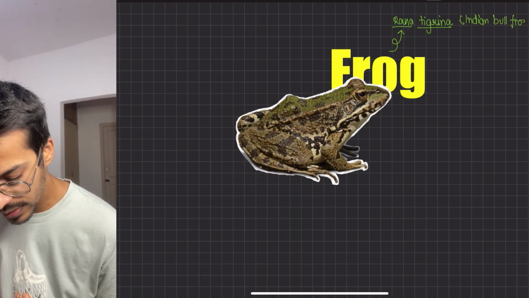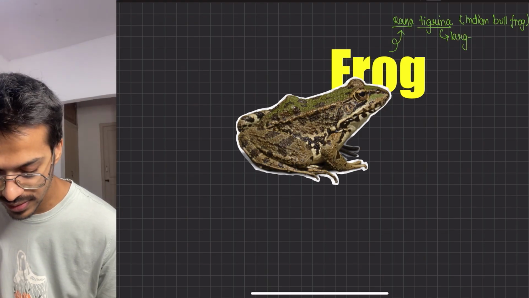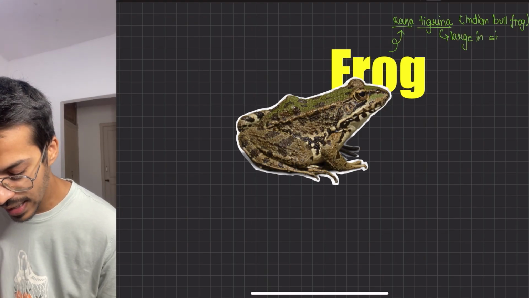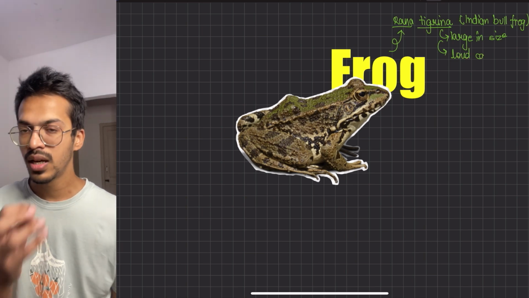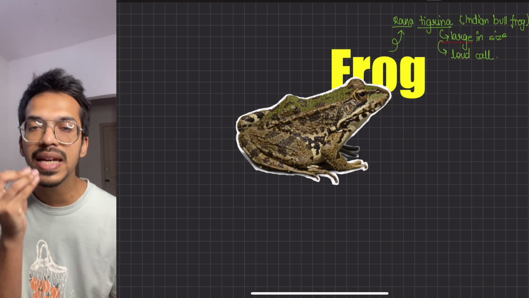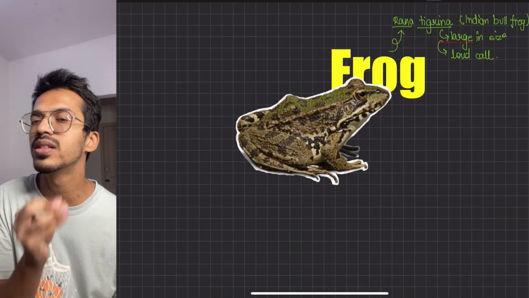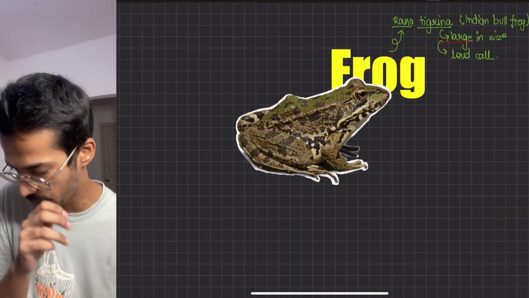It is large in size, its size is pretty big, and it has a loud call or sound which it produces. Now the sound is produced by the male, not the females. We will learn about that, but just remember for now.